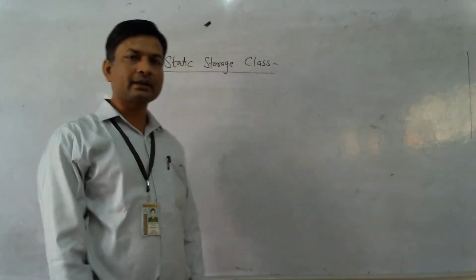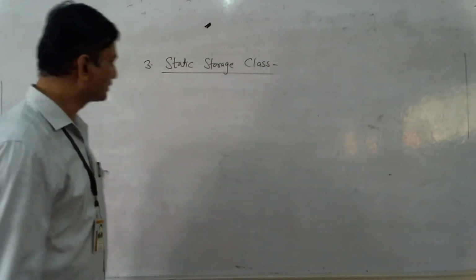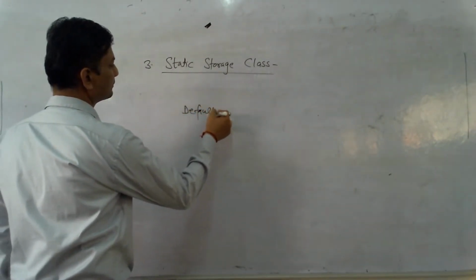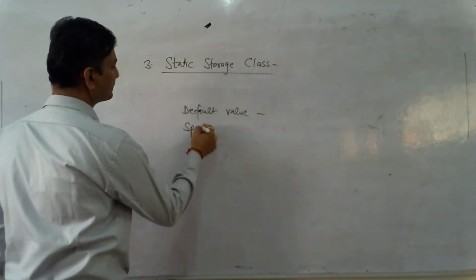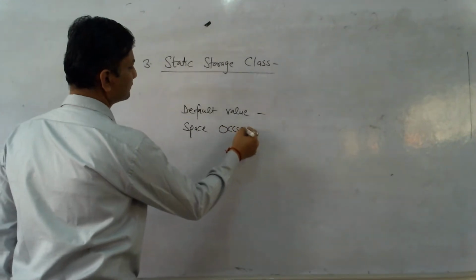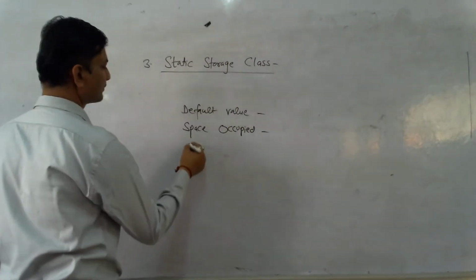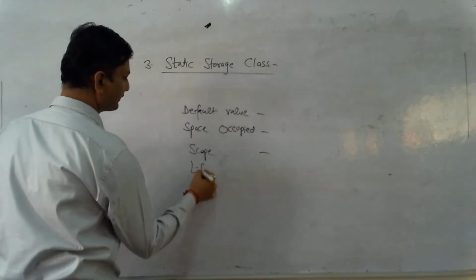As I told you earlier, we must know the values of 4 features: default value, space occupied, scope, and life.